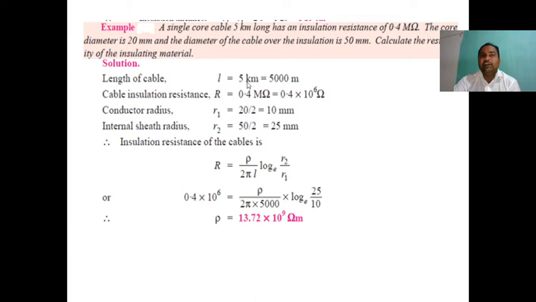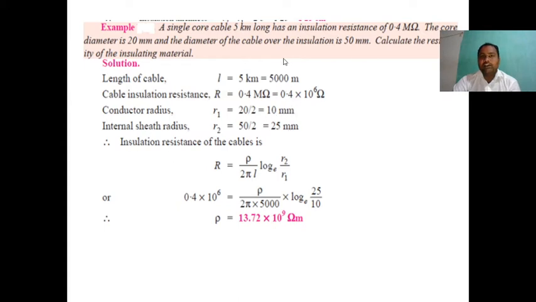Given length of cable L is equal to 5 kilometers, that is 5000 meters. Cable insulation resistance is 0.4 mega ohms, 0.4 into 10 power 6 ohms. Conductor radius R1 is equal to 20 by 2, 10 millimeter. Internal sheath radius R2 is equal to 50 by 2, that is 25 mm.